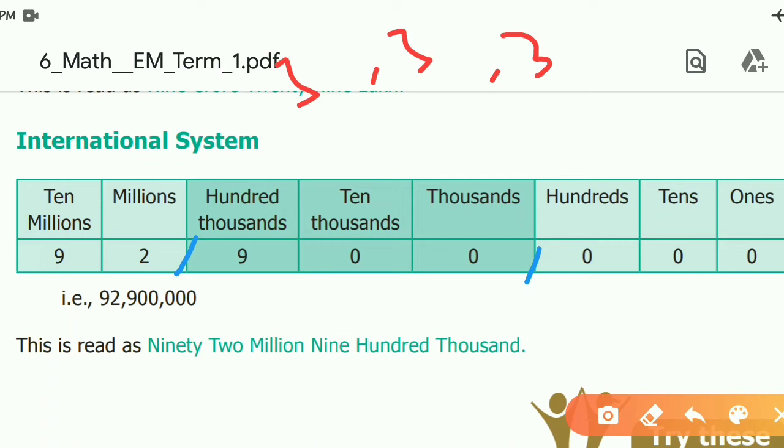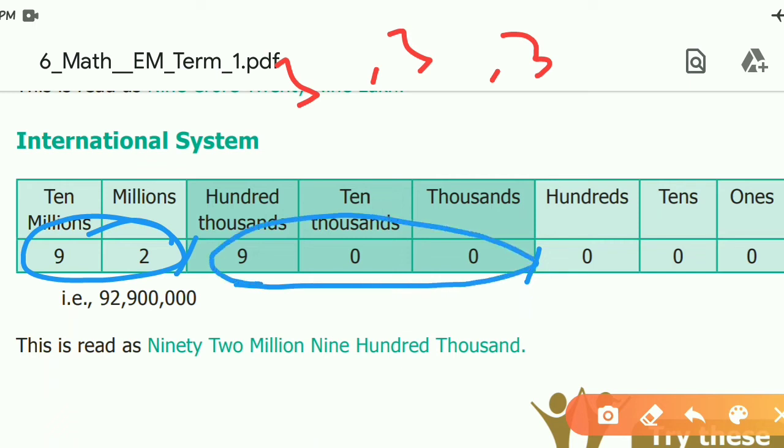Okay. How many millions are there? 2 millions and 9, 10 millions. Totally 90 plus 2, 92 millions. Next, how many thousands? No thousands, no 10,000, but 900,000. There are no hundreds, tens, ones.